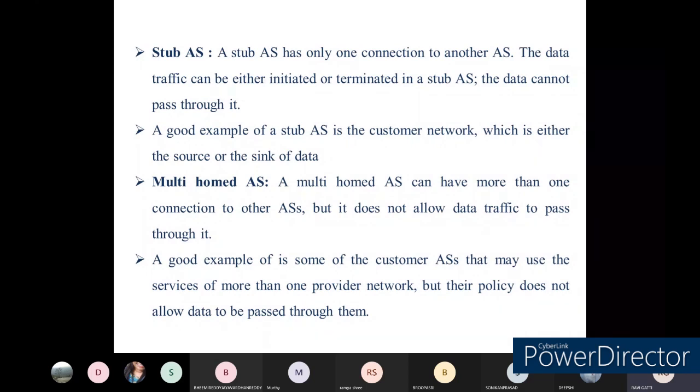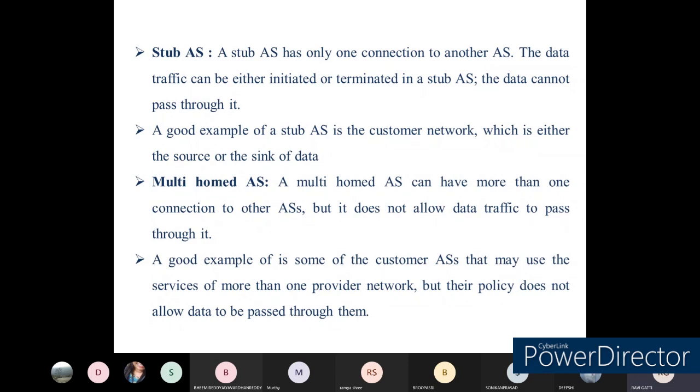There is one more autonomous system, which we call a multi-homed autonomous system. In a multi-homed autonomous system, we can have more than two autonomous systems connected. But it also does not allow data transmission to pass over it.